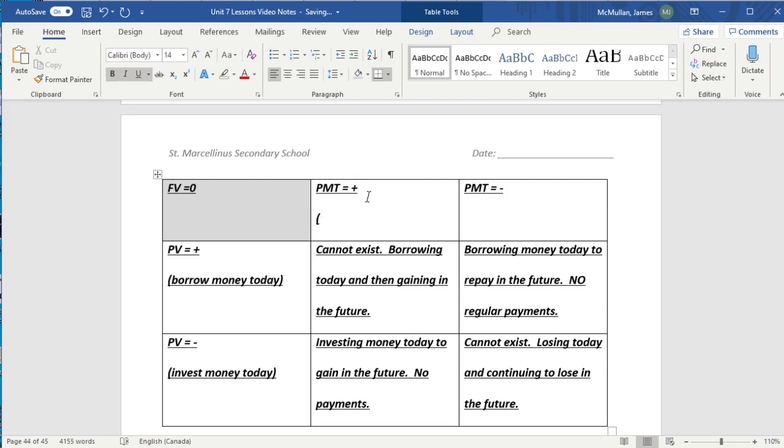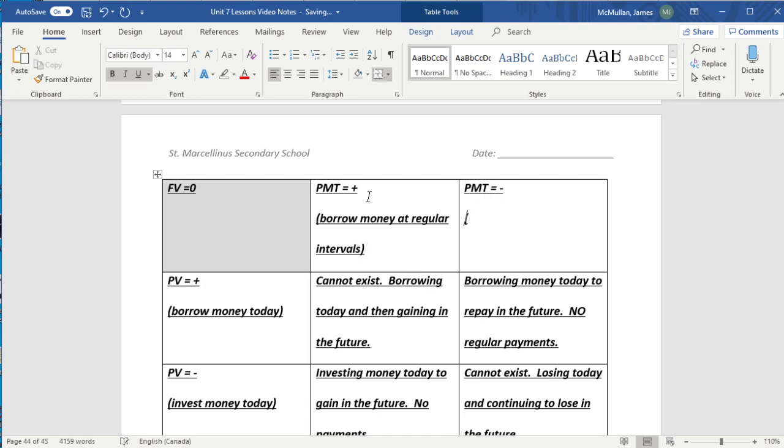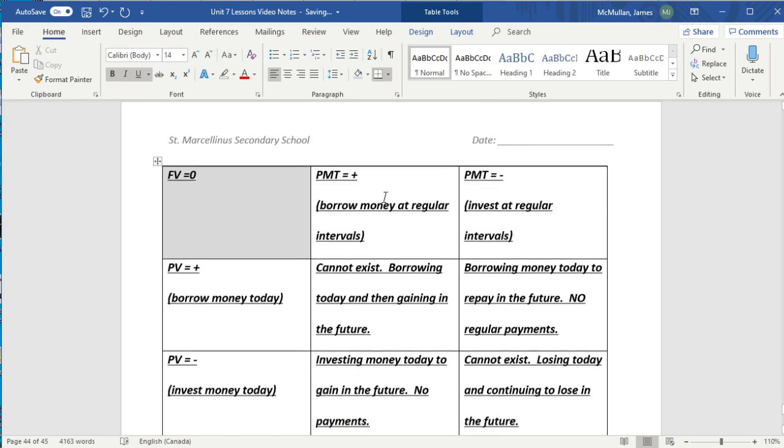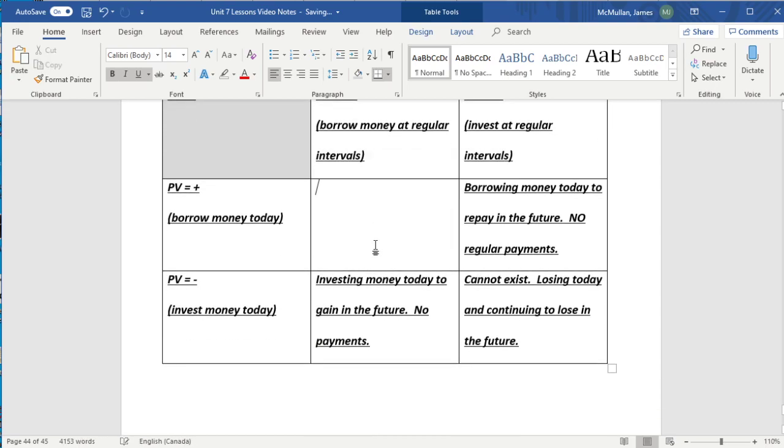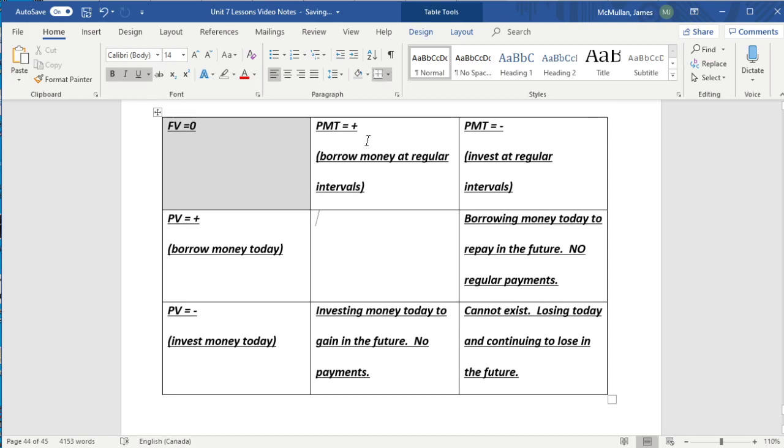PMT positive means borrow money at regular intervals. PMT negative means invest at regular intervals. Okay, now, is it possible that you could borrow money today, continue to borrow more money at regular intervals? Let's put it like this, right? Future value will be negative since all you've done is borrow. Okay, future value will be negative in this scenario.